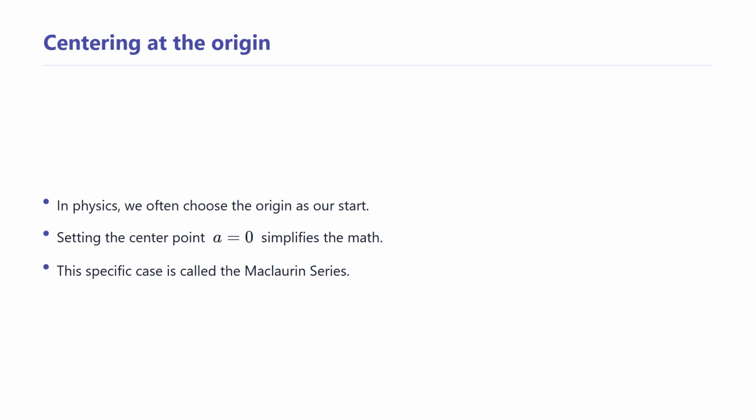When we plug 0 into the Taylor series formula, all those x minus a terms collapse into just x. This simplifies the equation beautifully into what is known as the Maclaurin series. It is exactly the same concept, predicting a function using its derivatives, but specifically anchored at the y-axis. Let us see what this cleaner formula looks like.